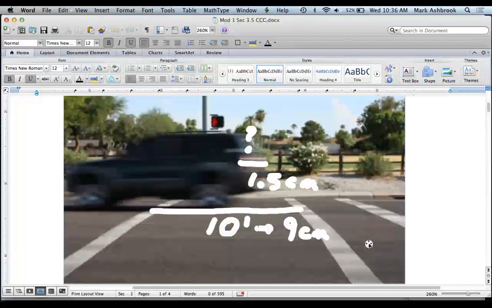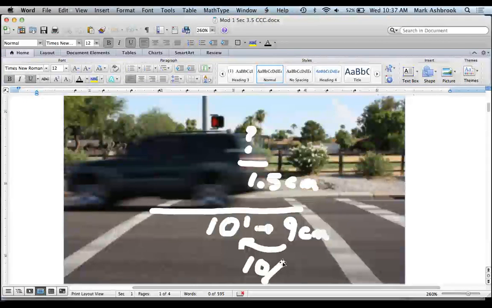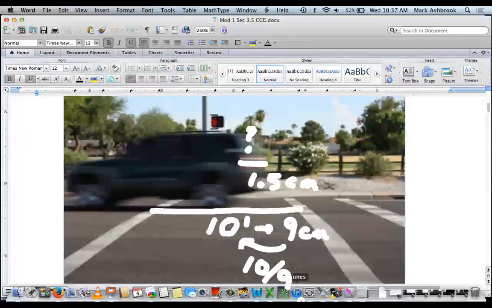Okay, so you can do scaling or relative size. If you want to do scaling, you're scaling from 9 centimeters up to 10 feet. So what's your scale? What number do you multiply 9 by to get 10? Make it easy on yourself. 10/9, right?